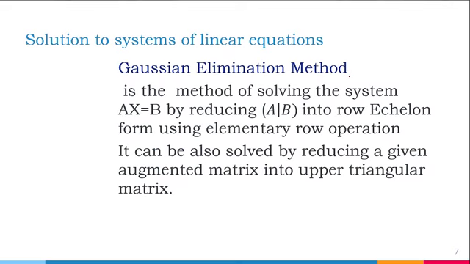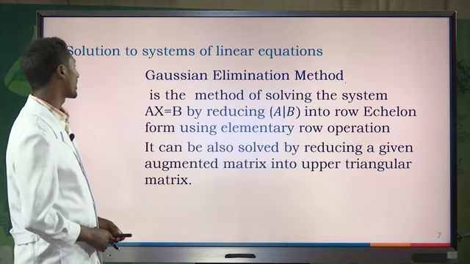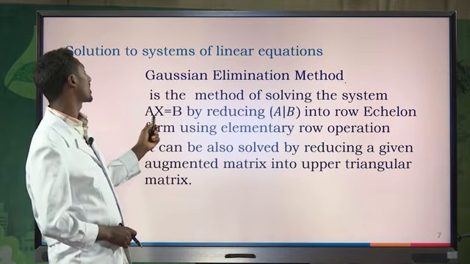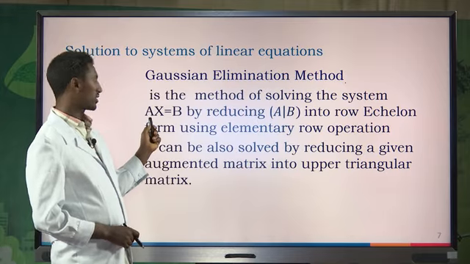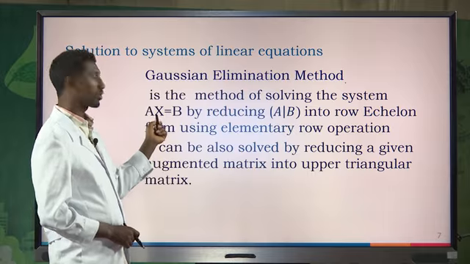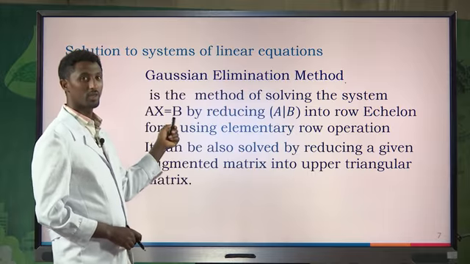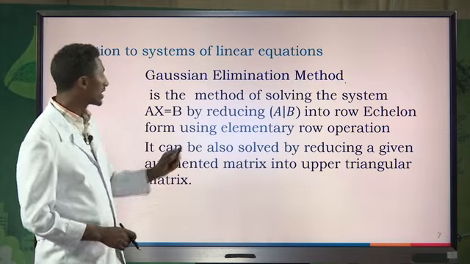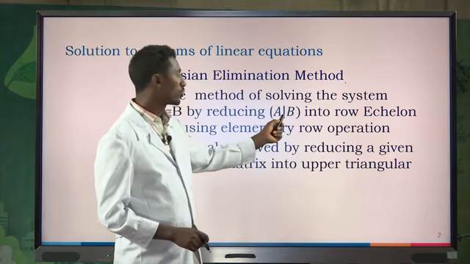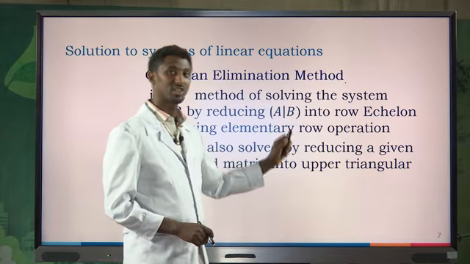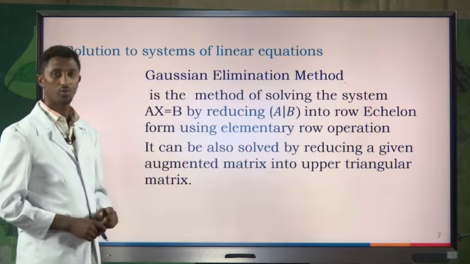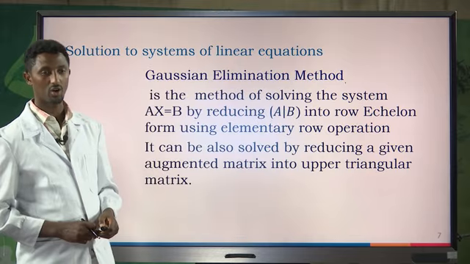To solve a system of linear equations, there are different techniques, but it's better to use the Gauss elimination method. The Gauss elimination method is a method of solving a system of linear equations written in matrix form AX equals B by reducing [A|B], the augmented matrix, into row echelon form using elementary row operations.